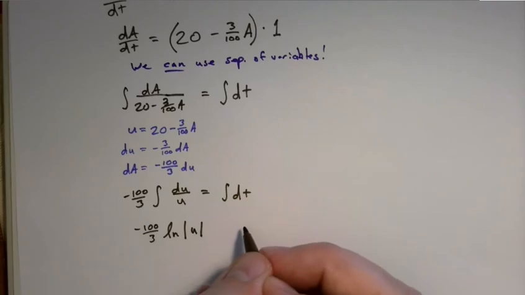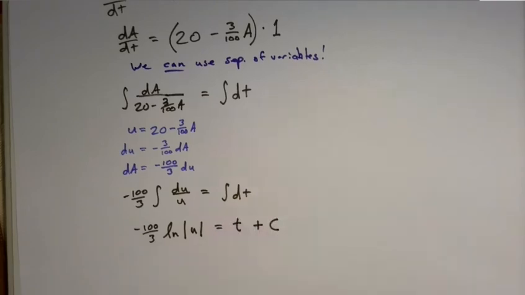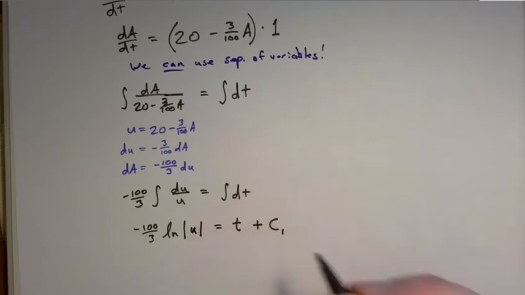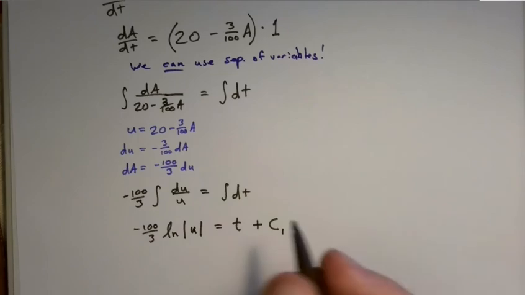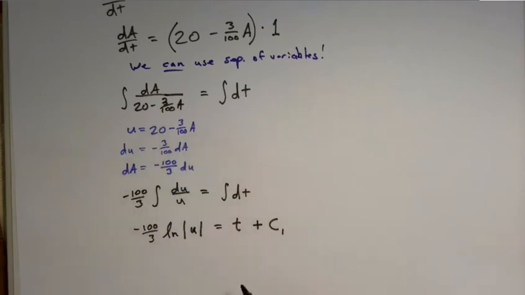I'm going to group my constants together on the other side. I'll call this C1. Now remember, that thing inside there is actually not u, it's this thing right here. So I have to divide both sides by negative 100 over 3, and then exponentiate.